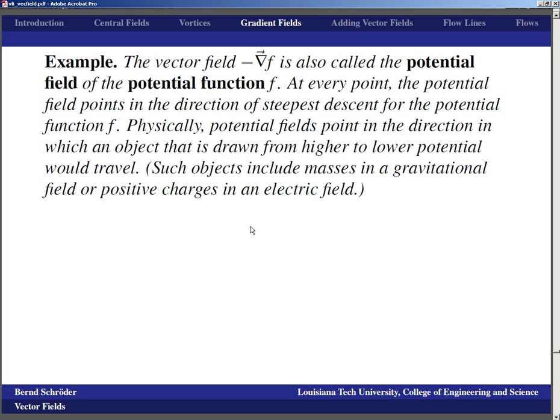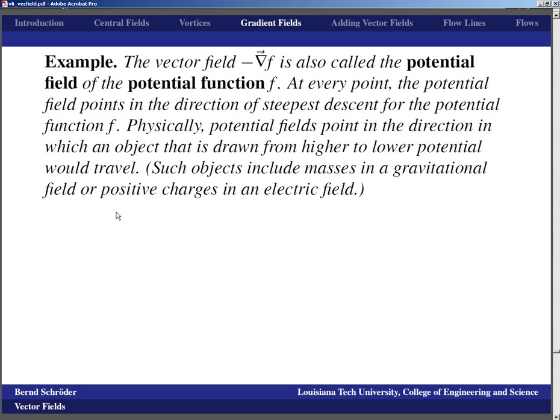If you're looking at the right object, such as a mass in a gravitational field, potential is determined by how far away you are from the mass, and so you would travel in the downward direction, because you're gaining potential energy as you're going up a mountain, for example.